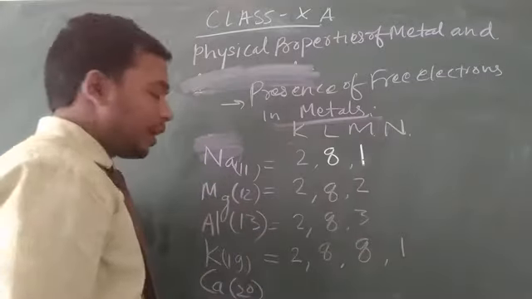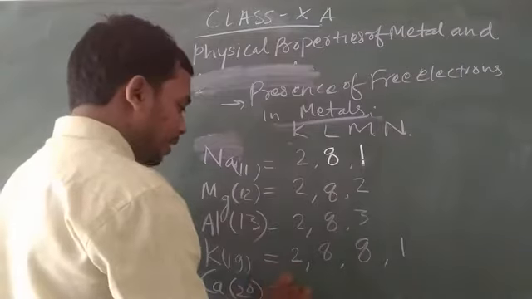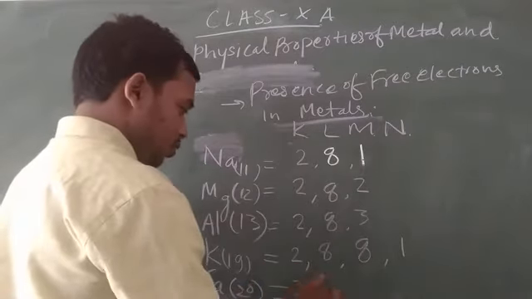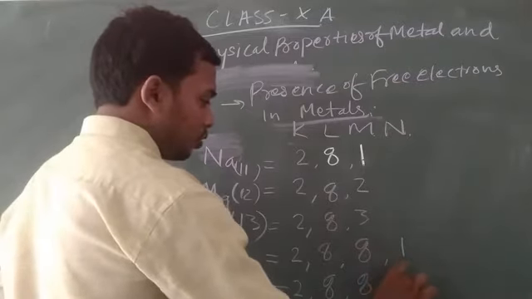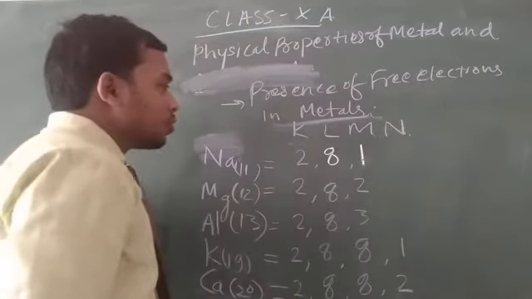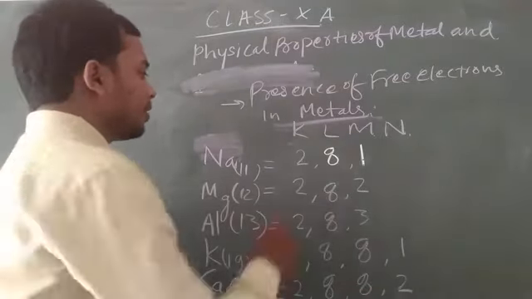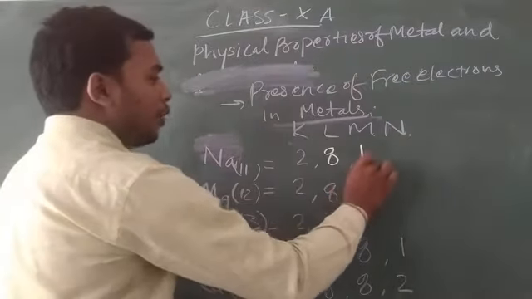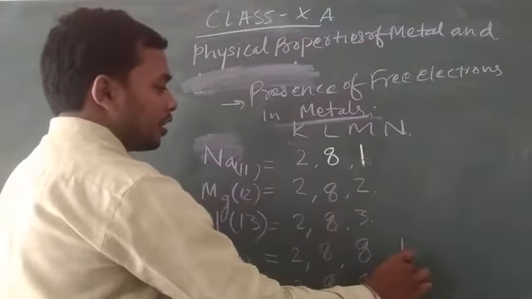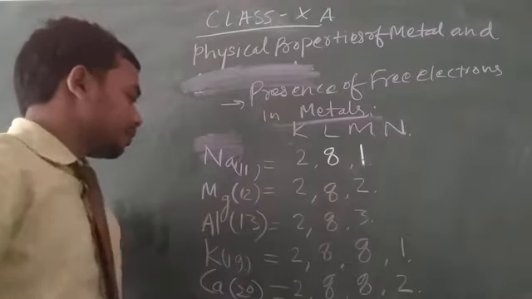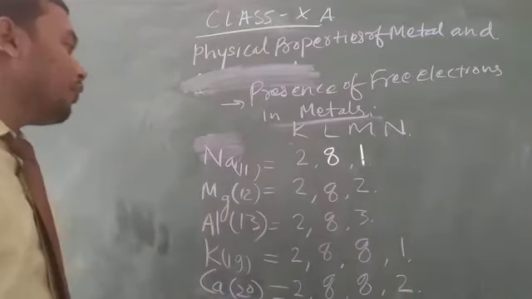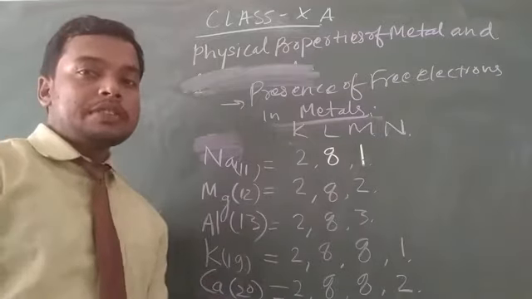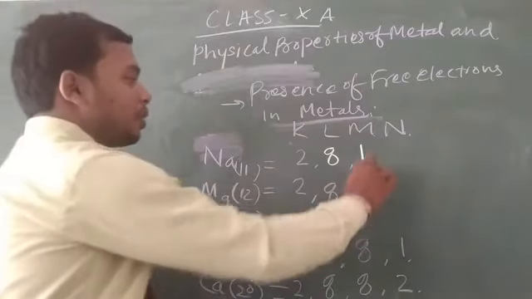Calcium is 2, 8, 8 and 2. In this way we see the outermost electrons are found in the valence shell. This shell is also called the valence shell, and its electrons are valence electrons, the outermost shell.